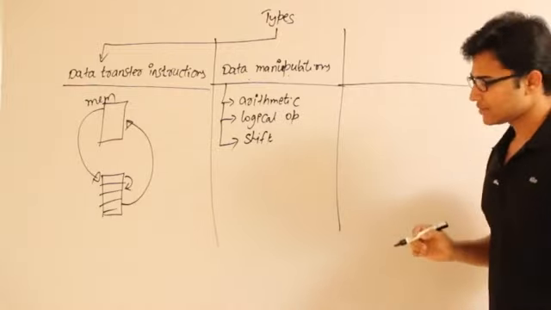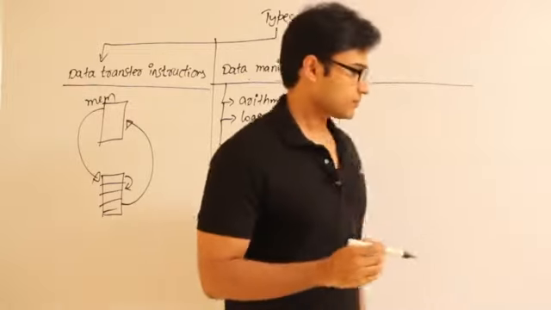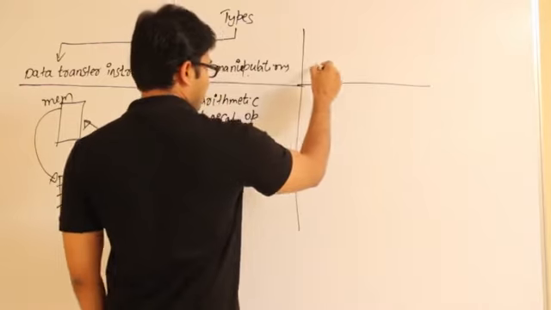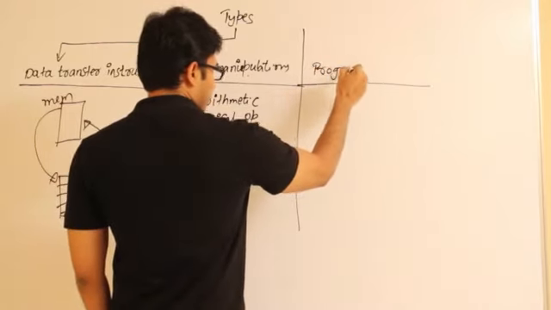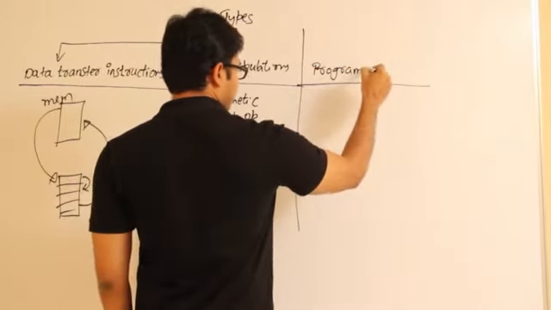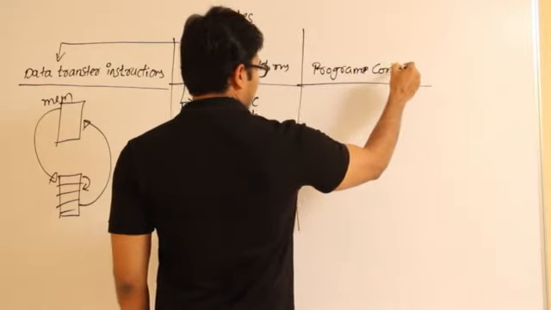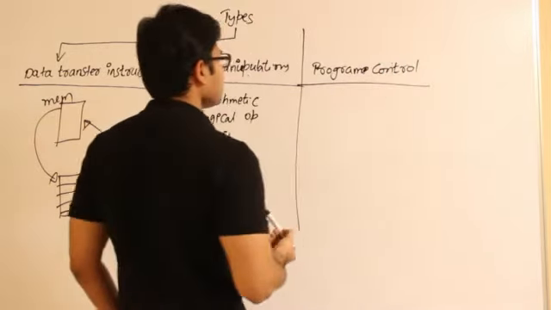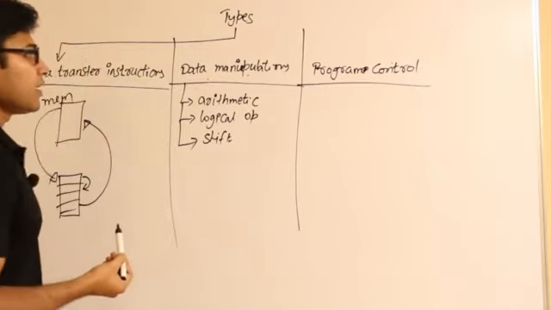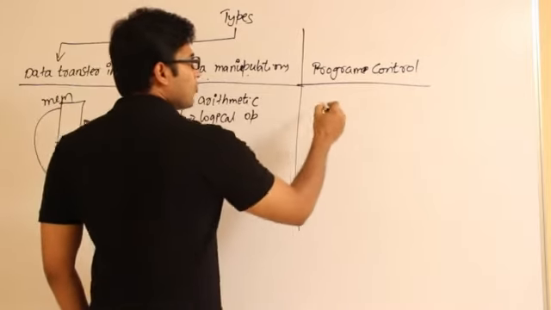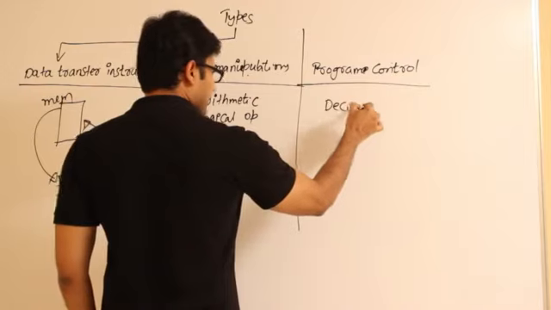And the next one is program control instructions. So the program control instructions are generally used to make decisions, right? What are the decisions?